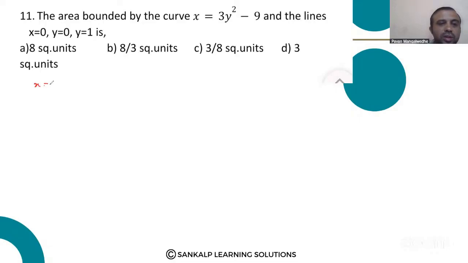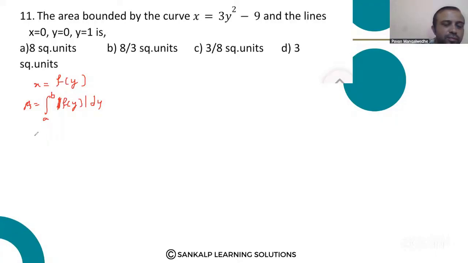So we can treat x as a function f of y. So A is equal to the standard form from a to b of mod of f of y dy.